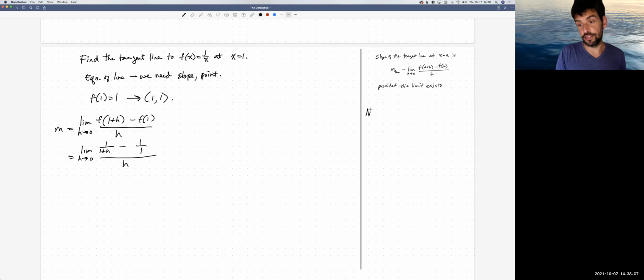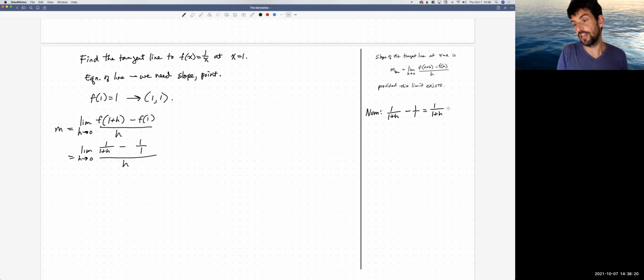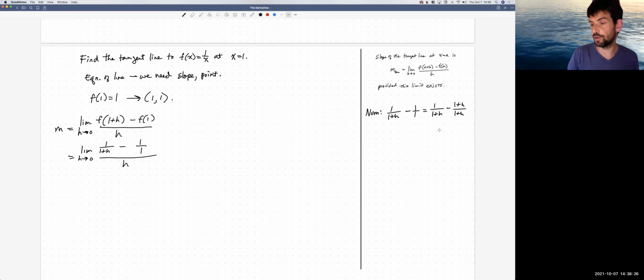So let's look at the numerator first of this thing, just doing some scratch work over here. 1 over 1 plus h minus 1 over 1 is equal to 1 over 1 plus h minus (1 plus h) over (1 plus h), right? I'm just writing the number 1 or 1 over 1 a little differently.